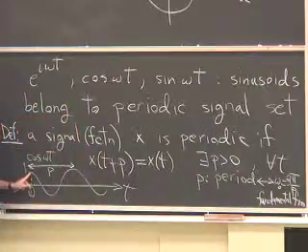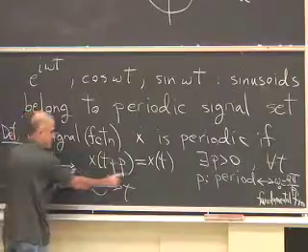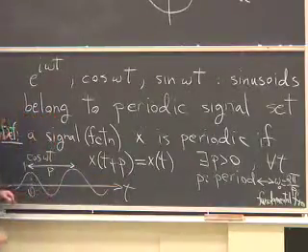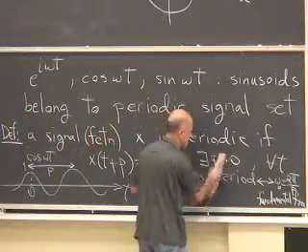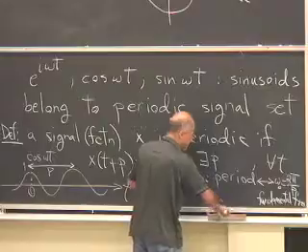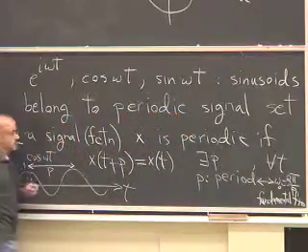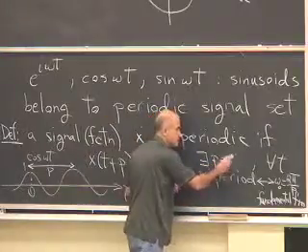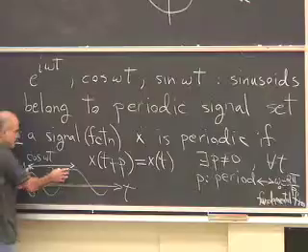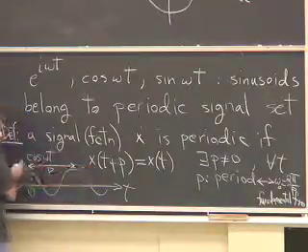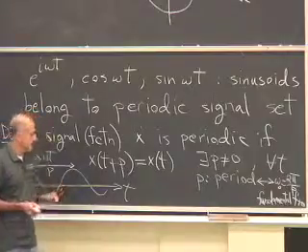So in this case, if you take this cosine and shift it by p, actually I shouldn't specify this is greater than 0 yet. I just specified that it's not equal to 0. So you take the signal, you shift it by p, either to the right or to the left, and you get the same signal back. Okay?